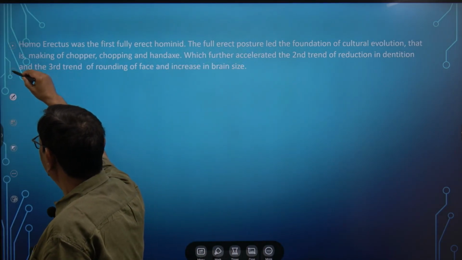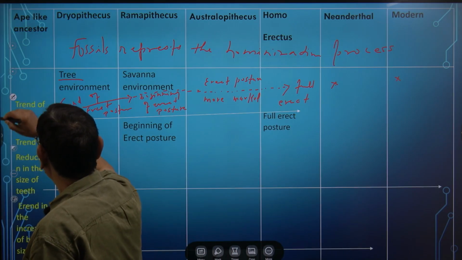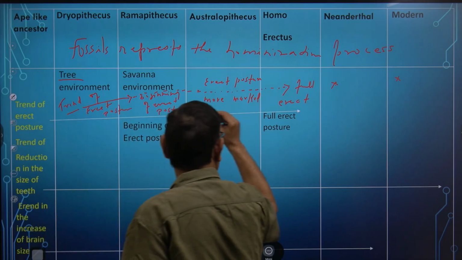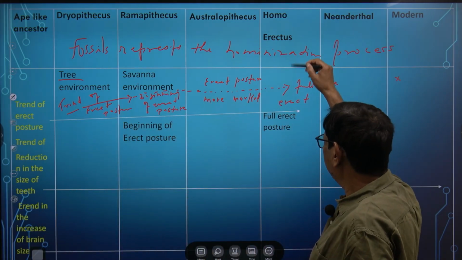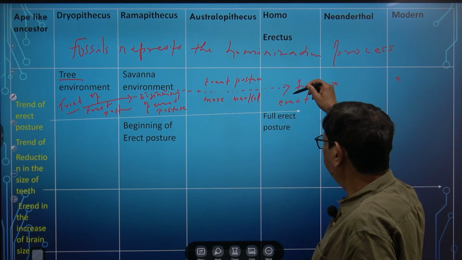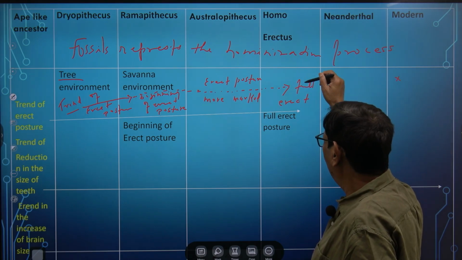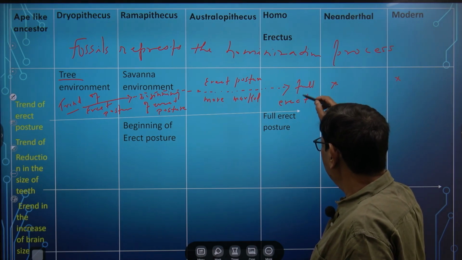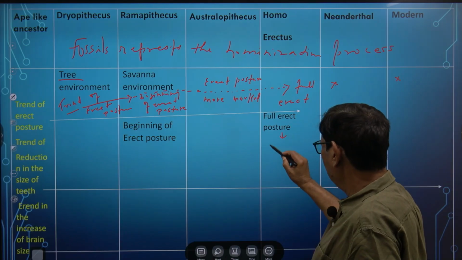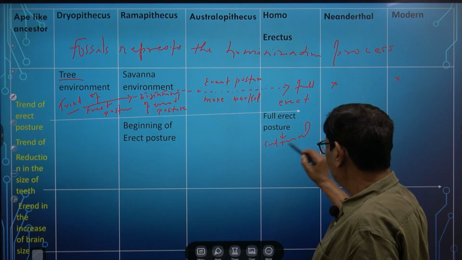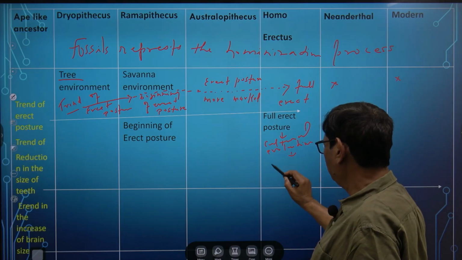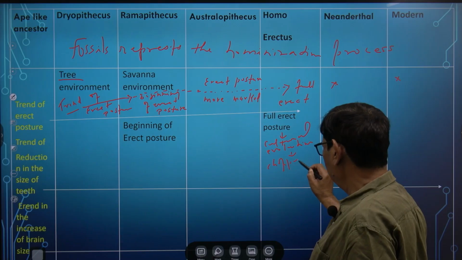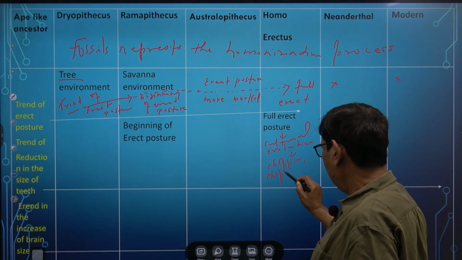We again go back and can see the diagram. When Homo erectus became fully erect, the hand got free and was used to make tools. Erect posture laid the foundation of cultural evolution. Cultural evolution means making of tools, and the tools are chopper, chopping and hand axe.